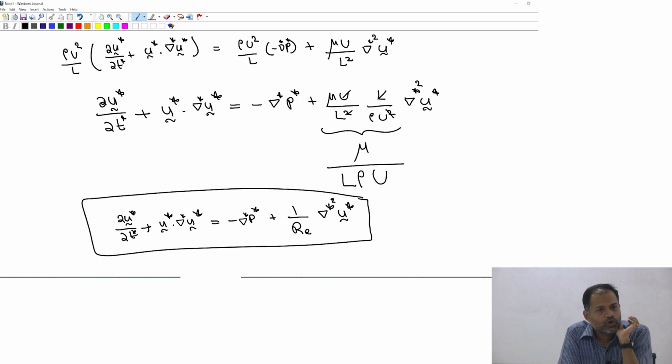Okay, depending upon what the Reynolds number is, the form of the equation will remain the same, but the answer will come out to be a function of Reynolds number. Okay, that's where Reynolds number actually plays a very important role. You know that, for example, when Reynolds number is very small, you get laminar flow. When it is very large, you get turbulent flow and so on.